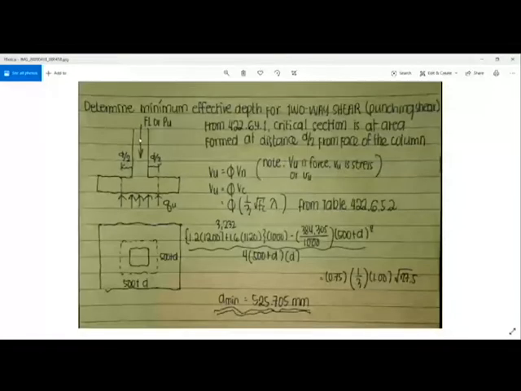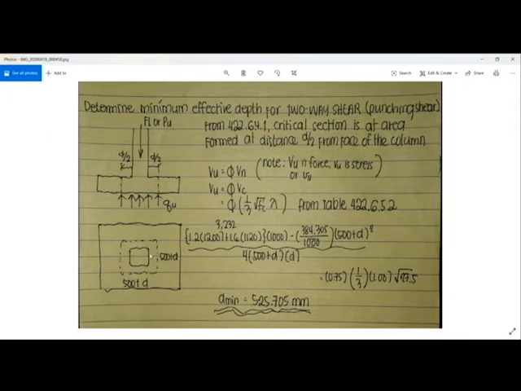So let's go back to where we are solving. Okay, so ngayon sinabi ko na kanina na there's a concentrated load P sub U acting on the column, and then the critical section for two-way shear happens when you are at the distance d over 2 from the faces of your column.